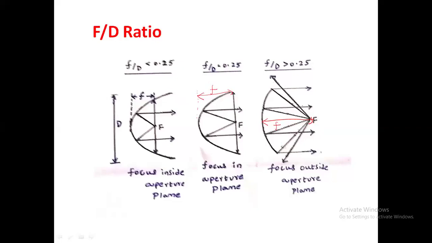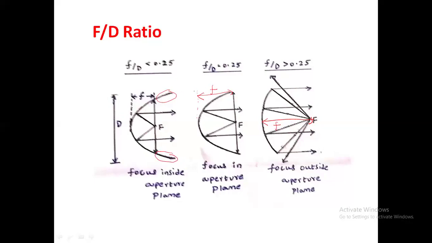Outside this aperture area, radiation comes out, which is called the spillover effect, not at all required. In the first case, this part of the area is not excited at all, not illuminated at all. So what does it indicate? In the first case, the reflector surface cannot be properly illuminated. In the final case, the unwanted spillover effect occurs.